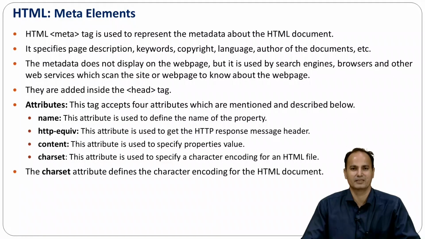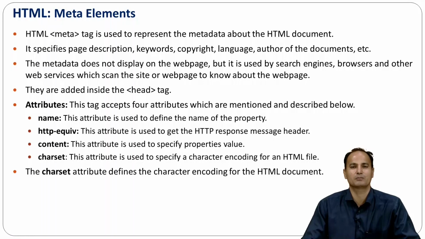What are meta elements? The meta tag is used to describe the meta content of a web page. The HTML meta tag is used to represent the meta content about the HTML document or the content to be covered or displayed on a web page.